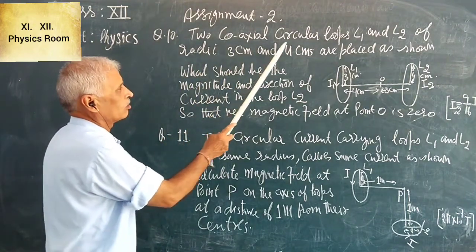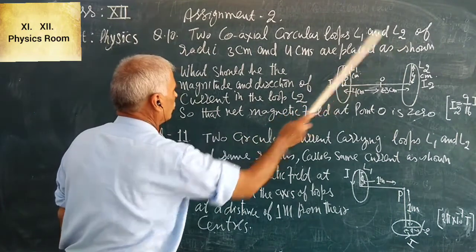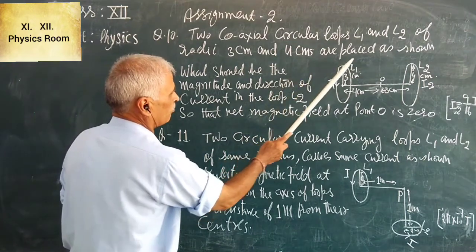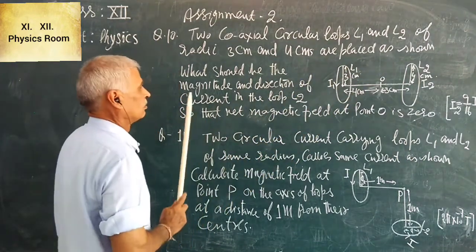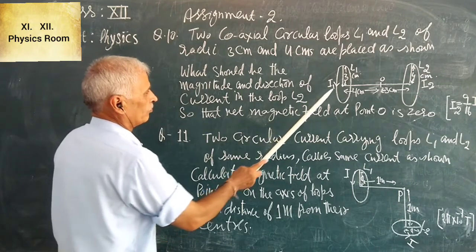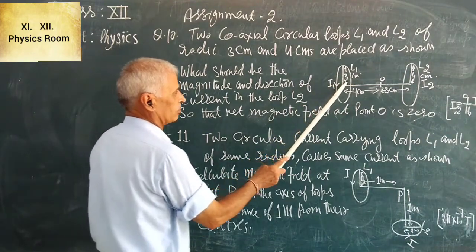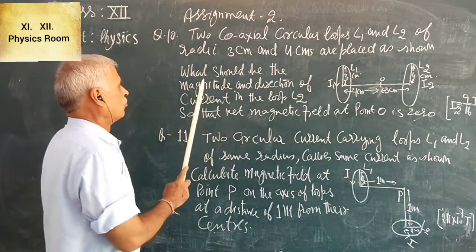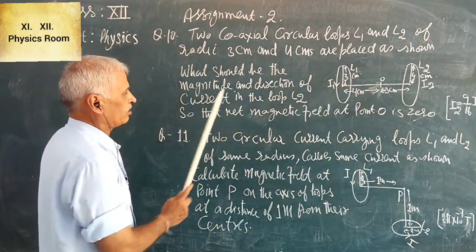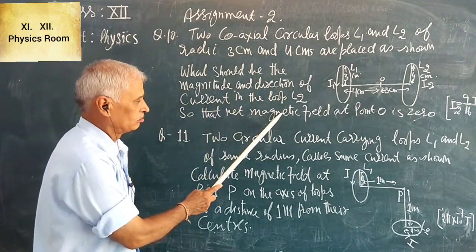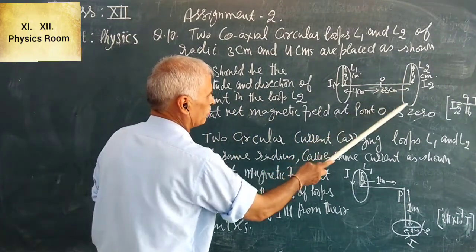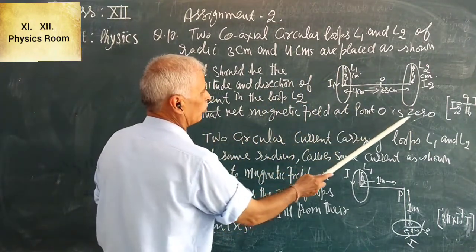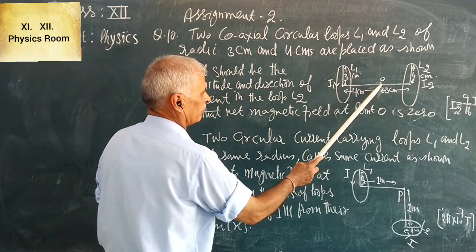Two coaxial circular loops L1 and L2 of radii 3 cm and 4 cm are placed as shown. This is L1, radius 3 cm. This is L2, radius 4 cm. What should be the magnitude and direction of current in the loop L2, so that net magnetic field at point O is 0?